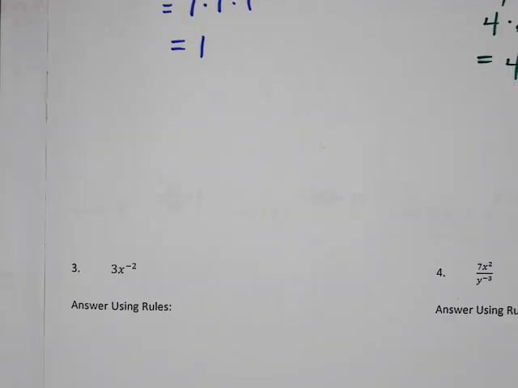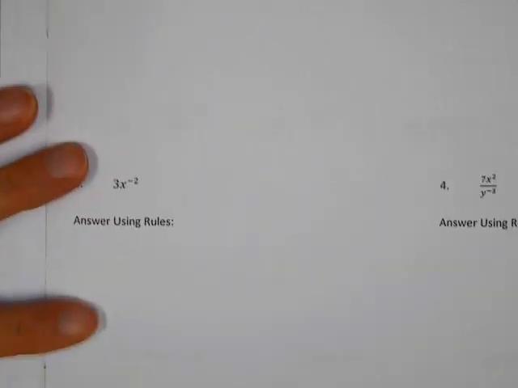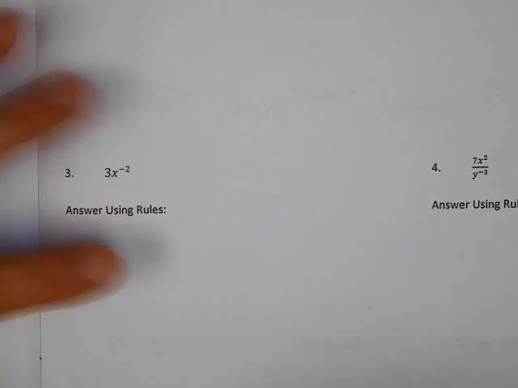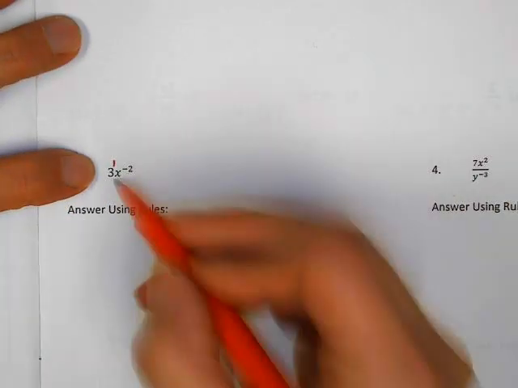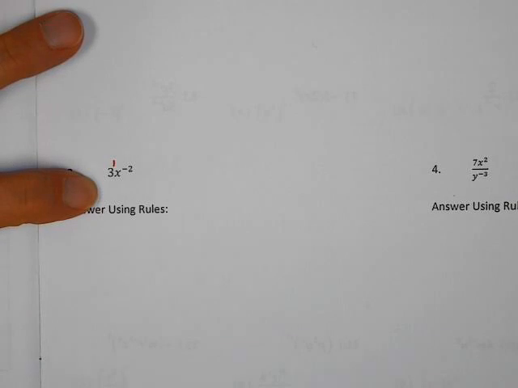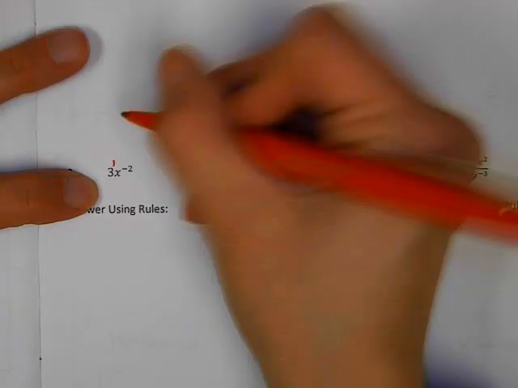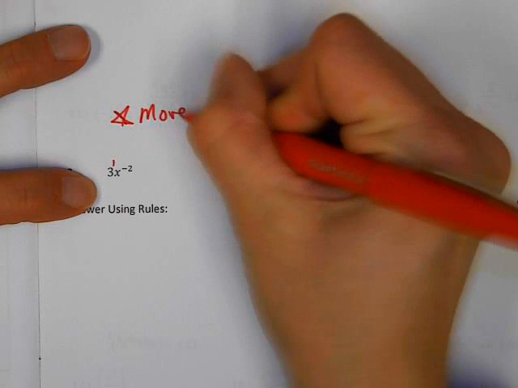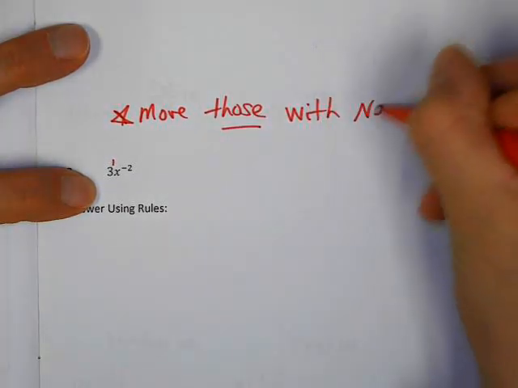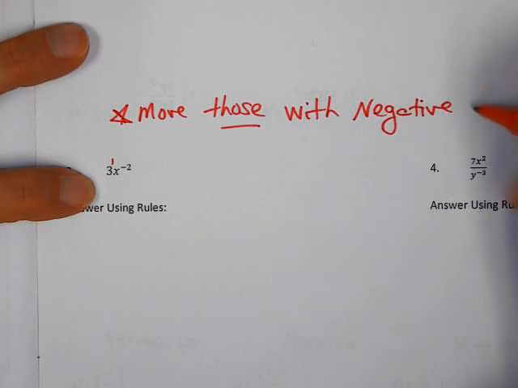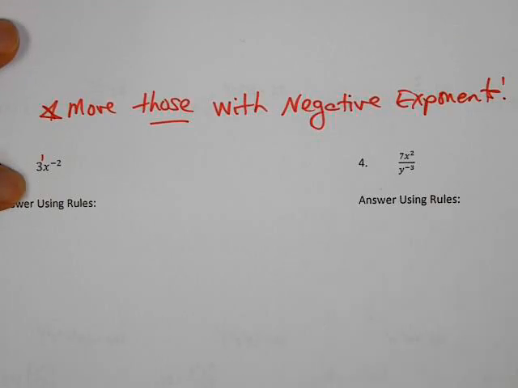We're going to keep going down here. Number 3 doesn't have any 0 powers, but we have a negative exponent. Do they both have negative exponents? No. 3 has a power of 1, and x has a power of negative 2. Remember, move those with negative powers or negative exponents. So I'm not going to move the 3.